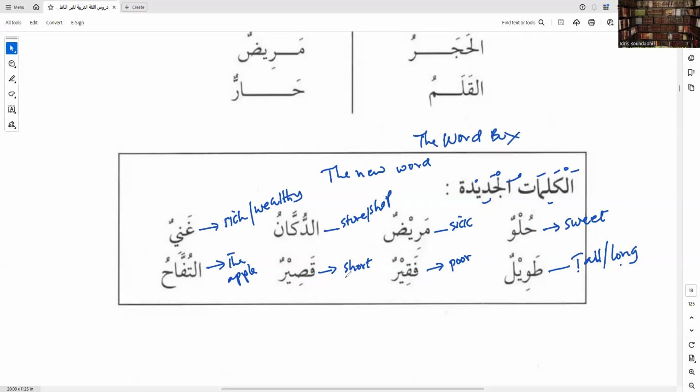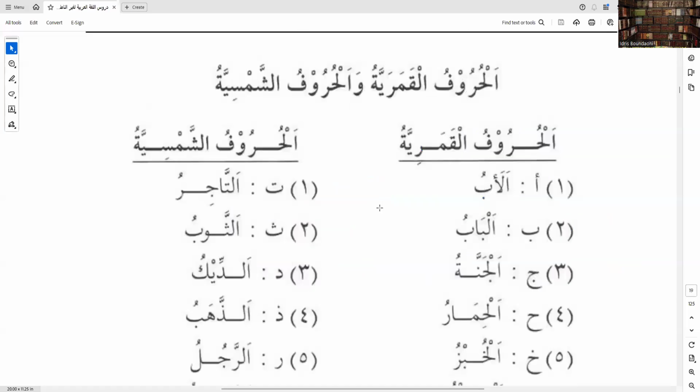Now, we started this lesson by talking about huruf al-qamariyya and huruf al-shamsiyya, right? And this is the summary of it. So qamariyya, we say the moon letters or alphabets, if you will. And then shamsiyya, the sun letters. So it's qamarun.